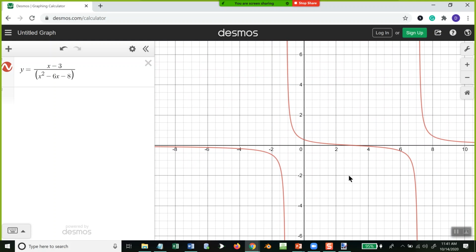And that's what our graph looks like. Questions on graphing at all? That's kind of chilly in here, isn't it?